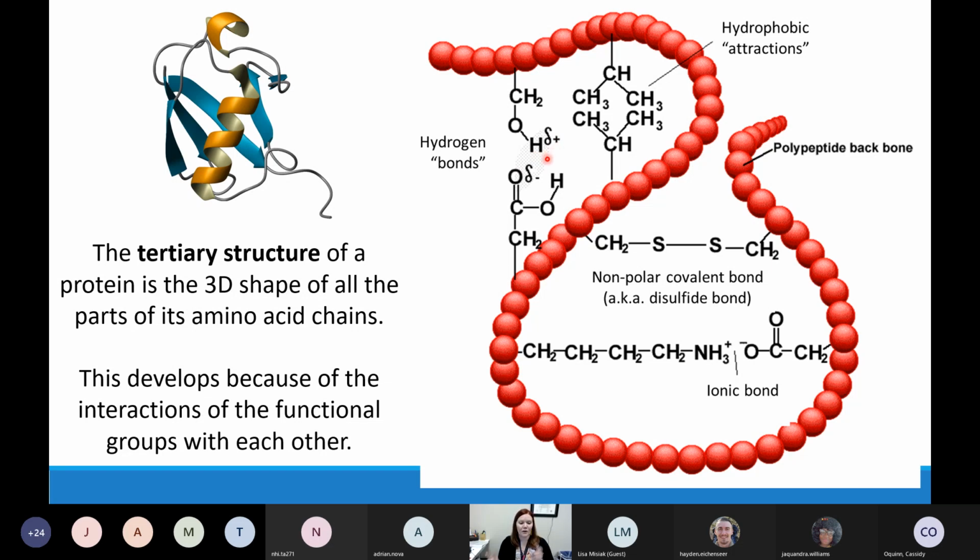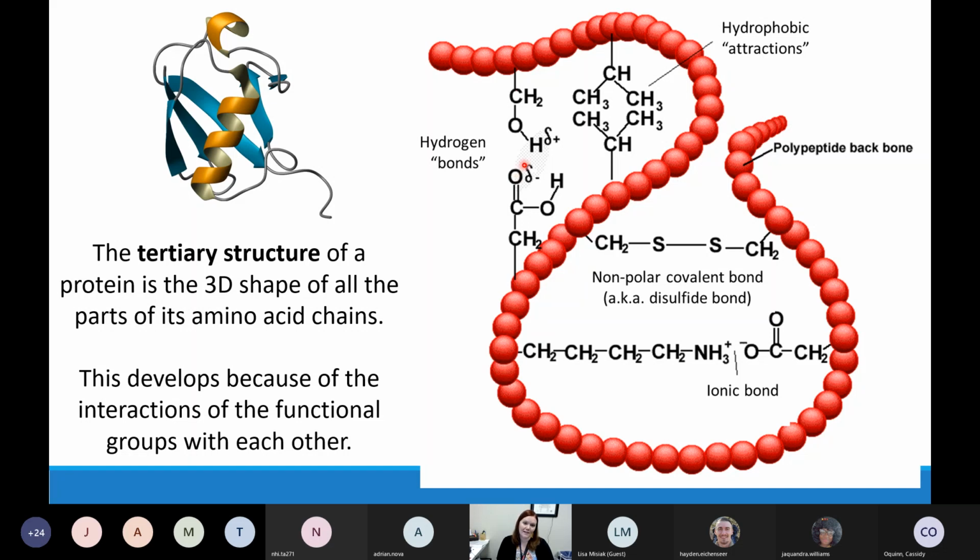I put them in quotes here because remember, we do not share any electrons. Hydrogen bonds are not particularly strong unless you have a whole bunch of them, and that'll help to stabilize things. So one way that my polar amino acids can interact with each other, things that have a partial positive or a partial negative, is using these things called hydrogen bonds.